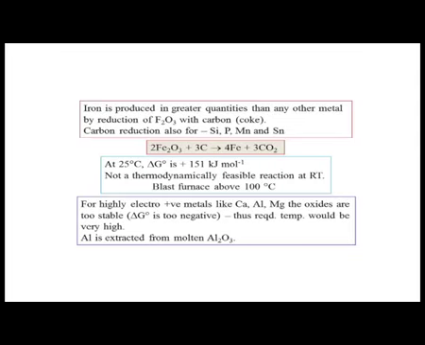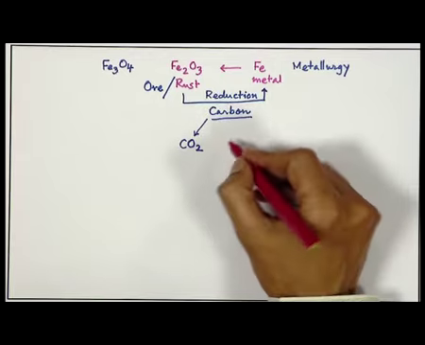If we just take the same rust, whatever we are talking about, rust is now our ore, that means Fe2O3 or Fe3O4, only the stoichiometry is different, which can be reduced by carbon giving rise to Fe and CO2. So, a part of this reaction, the formation of CO2, we can consider as a typical example of a combination reaction.